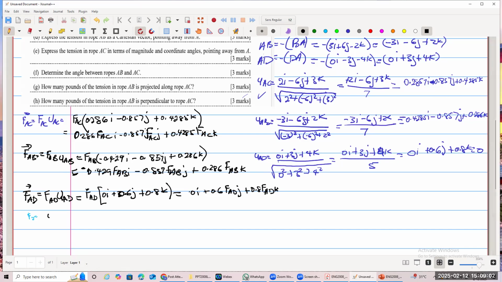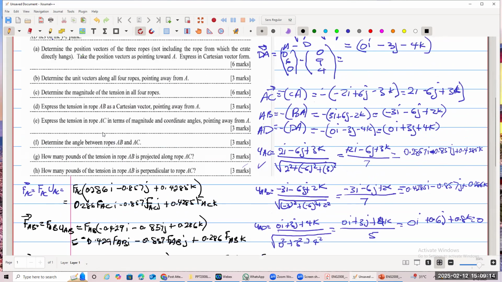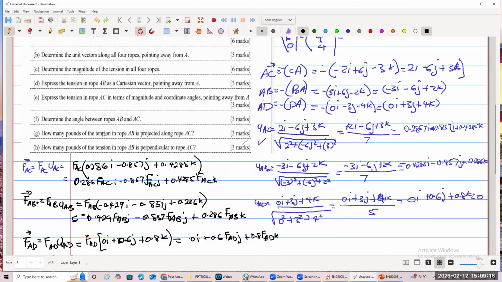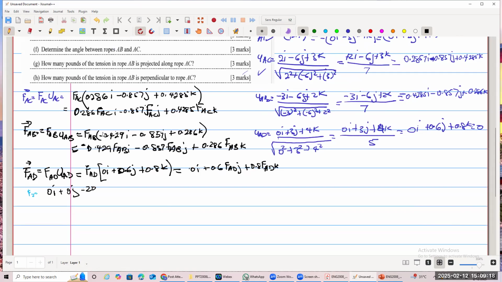So it would have been 0 I plus 0 J minus 20K. That's what the force was, minus 20. So the problem was minus 20K. So that is the force in the Z direction.